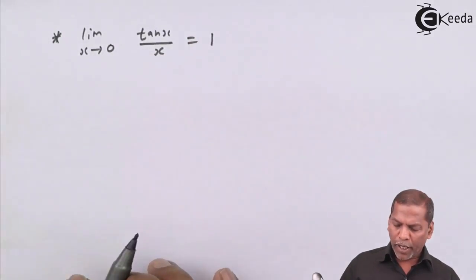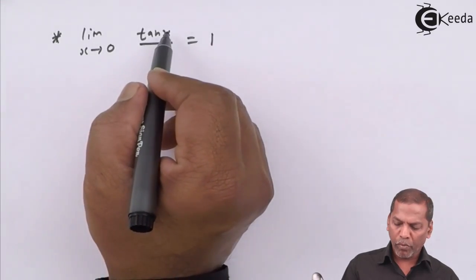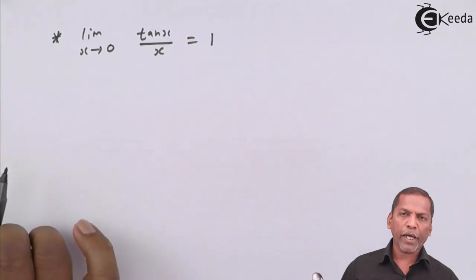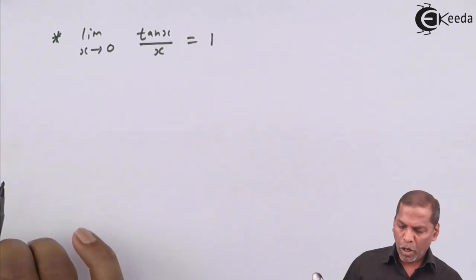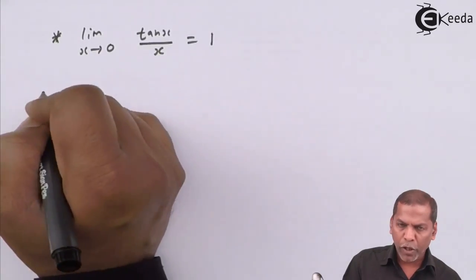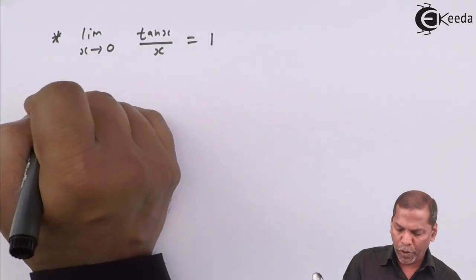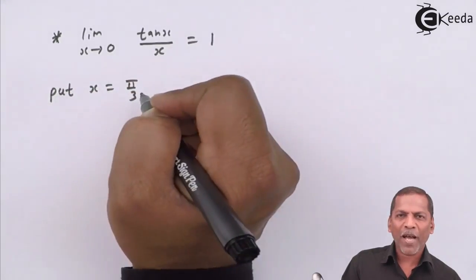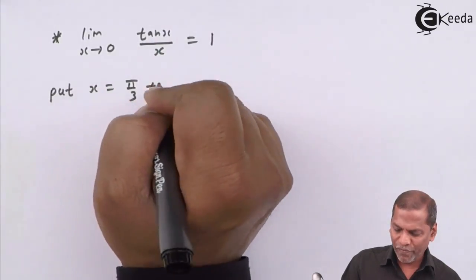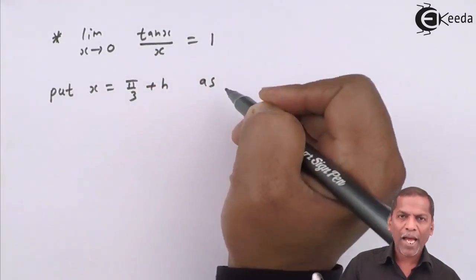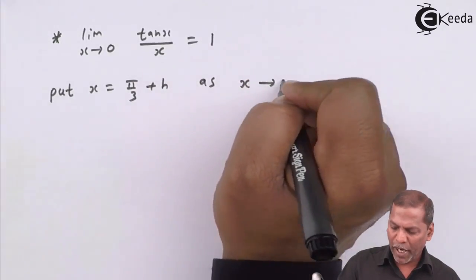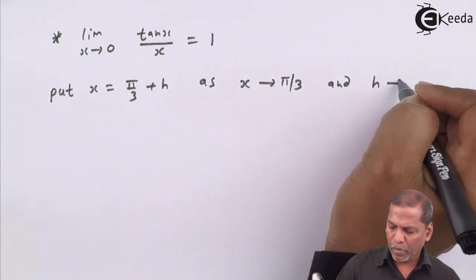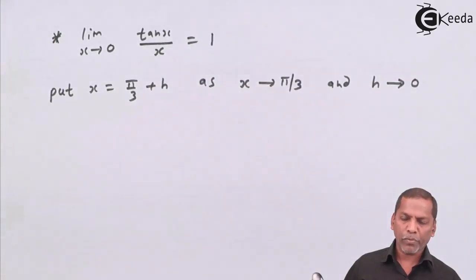So it means for tan function the limit compulsorily tends to 0, and in the present case the limit is x tends to pi by 3, and therefore here we go for the substitution: put x is equal to pi by 3 plus h, as x tends to pi by 3 and h tends to 0.